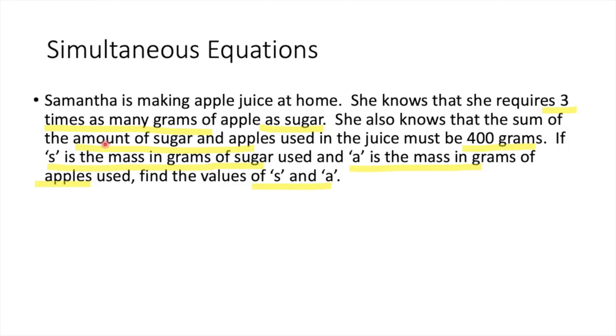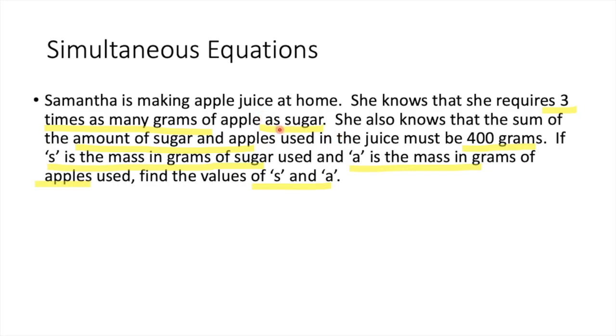So in this problem, we are given quite a bit of information, but no information is given to us directly. That is, there's no value that is stated to us directly without a variable being involved in it. Firstly, the question states that she requires 3 times as many grams of apple as sugar. So we can represent this in equation form using ratios.